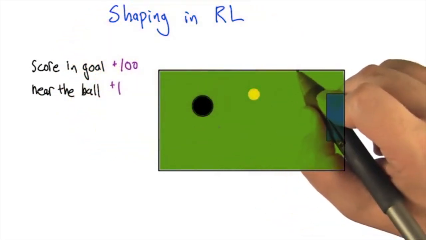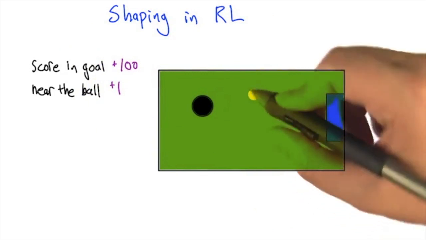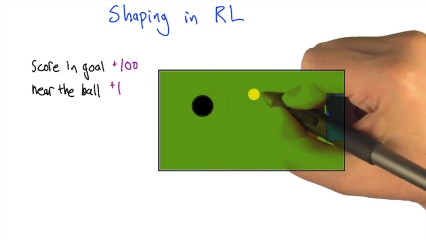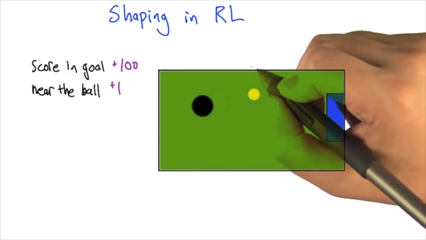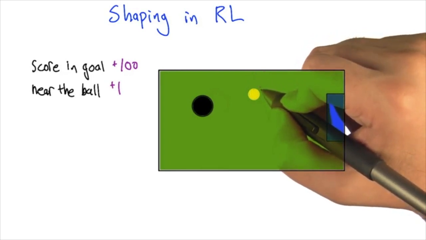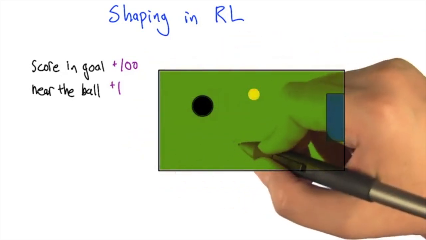So you think +1 is enough for that, or maybe? I don't know, but let's start with +1. All right. How do we define near the ball? There's going to be some kind of epsilon ball around the ball. Yeah, that makes sense. Or you could go all the way around and think about the distance to the ball being inversely proportional to the reward that you get. Good point. All right. Let's look at your way of thinking about it first.